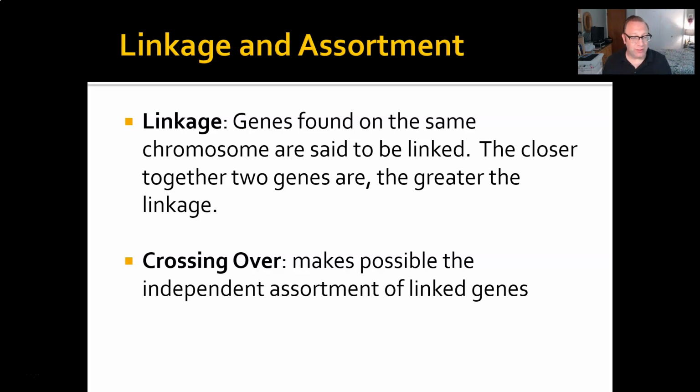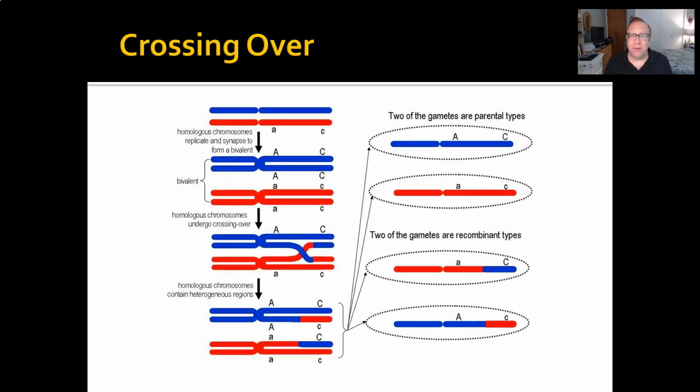Crossing over, of course, is the thing that makes the independent assortment of linked genes have any effect whatsoever. Otherwise, if this didn't happen, you would just have the same genes, the same chromosome, each time. You would have two sets of two gametes that would be identical. There'd be no mixing up, really, whatsoever.